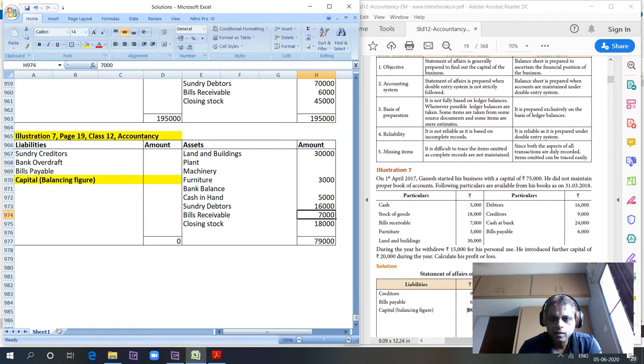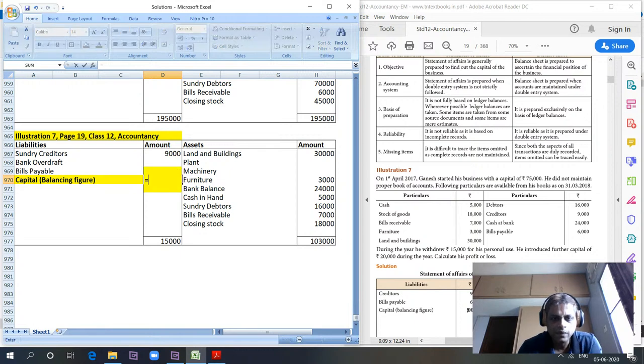Then we have sundry creditors 9,000. Cash at bank 24,000. Bank balance is 24,000. And bills payable 6,000. So the total on the asset side is 1,03,000 and the liability side is 15,000.